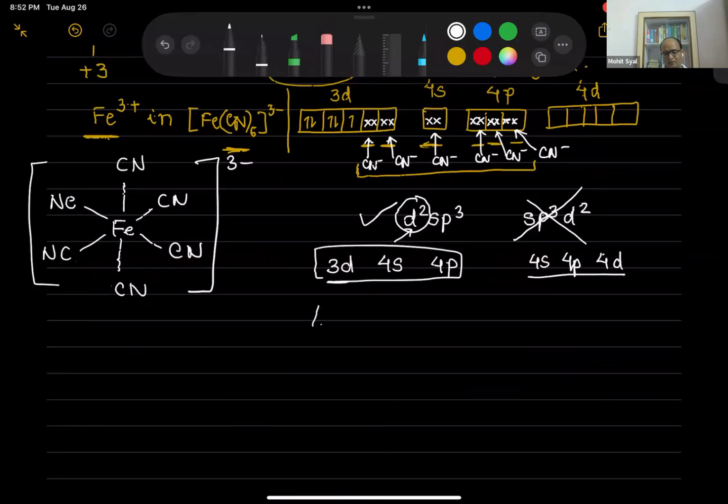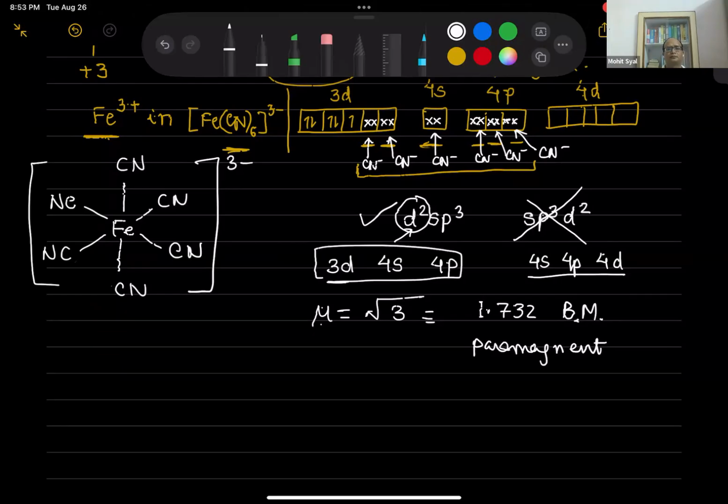So the magnetic moment is going to be, with one electron, root of 1 into 1 plus 2, so root 3. It is going to be 1.732. The unit is Bohr magneton. This is paramagnetic, because the single unpaired electron acts like a magnet, so it will get attracted towards the magnetic field.